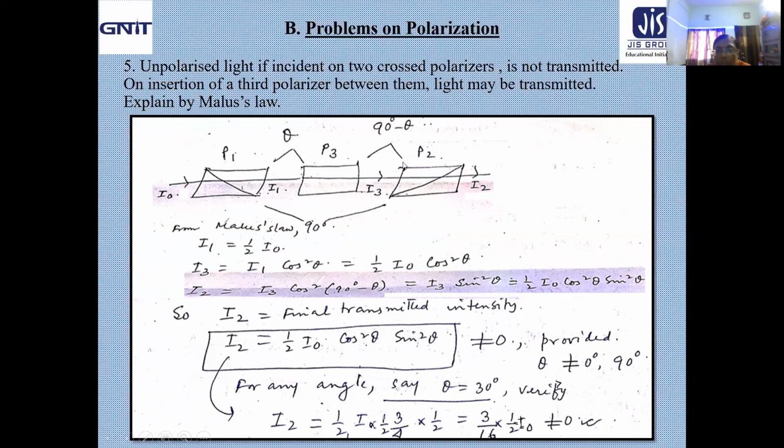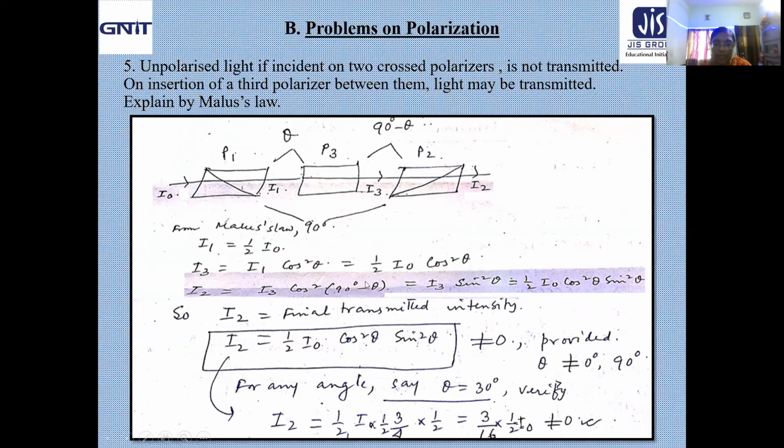The angle between P3 and P2 is 90 minus theta. So I2 equals I3 cos square of 90 minus theta. That means I2 equals I3 sin square theta.